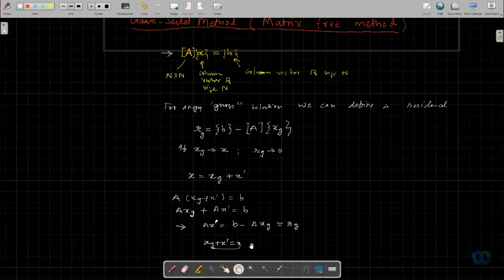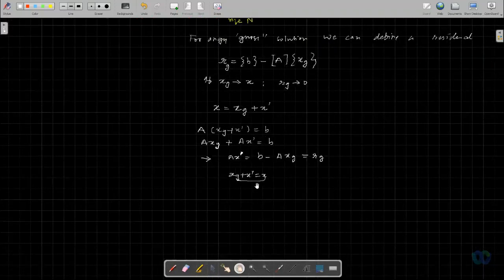Are you getting this? So from this, what you do is, I'll just write it here. From this equation, obtain x prime. Estimate x is equal to xg plus x prime.